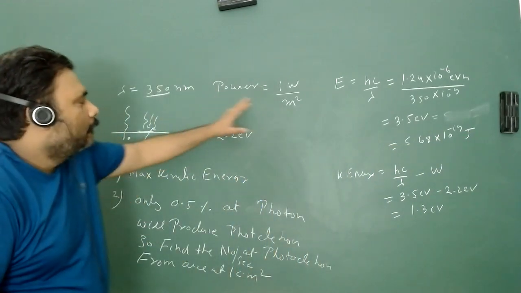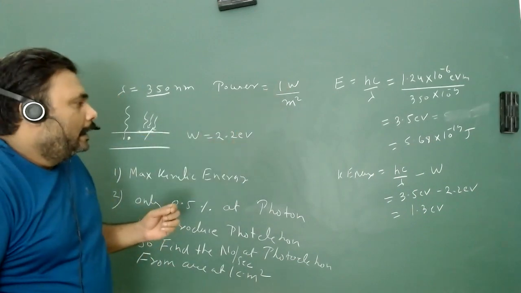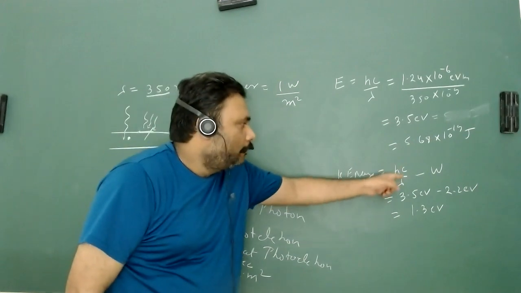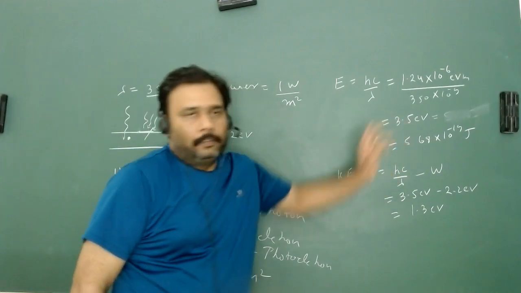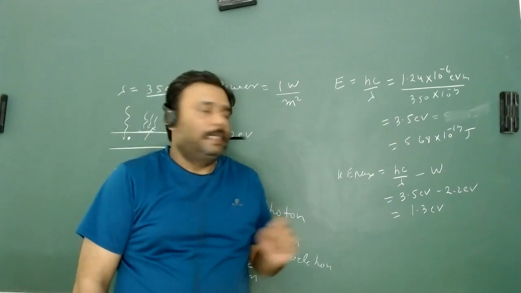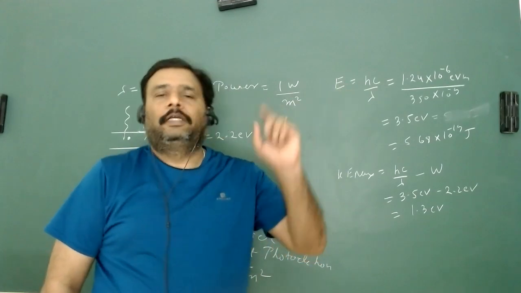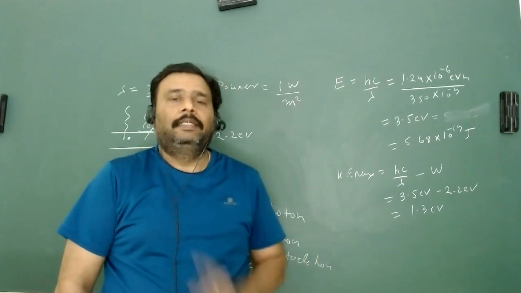In the second question, this is the power, and this is the energy of one photon. We have to keep in mind that a single photon will produce a single photoelectron. This is the very interesting thing.